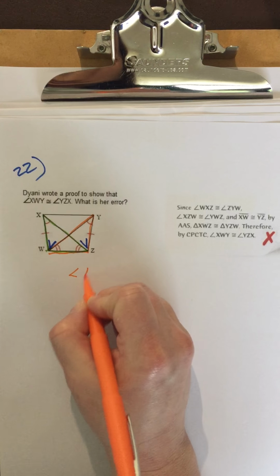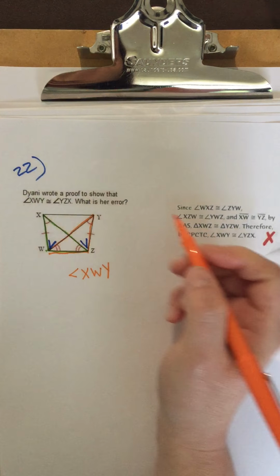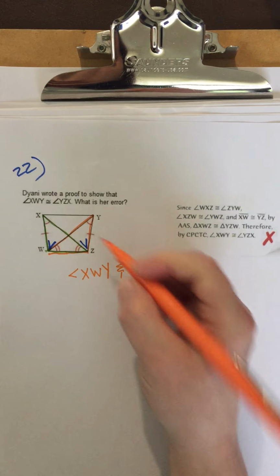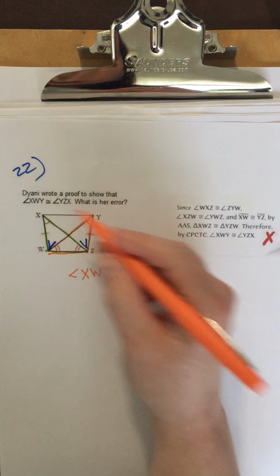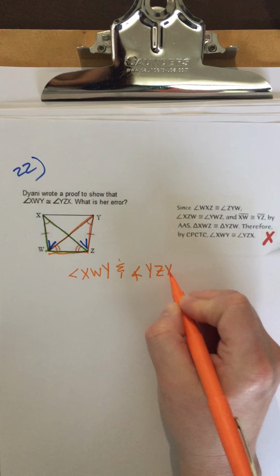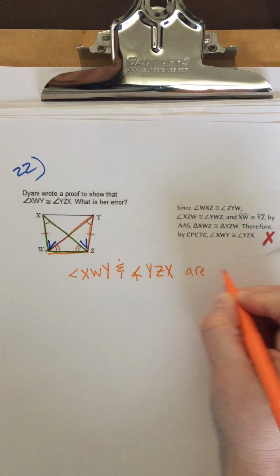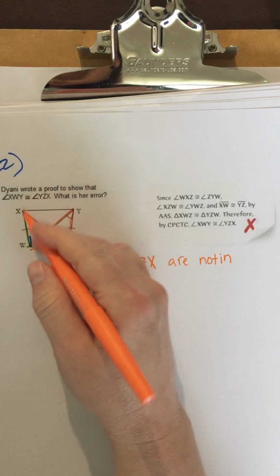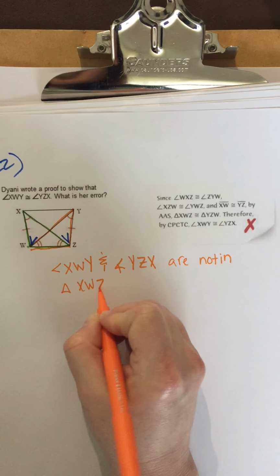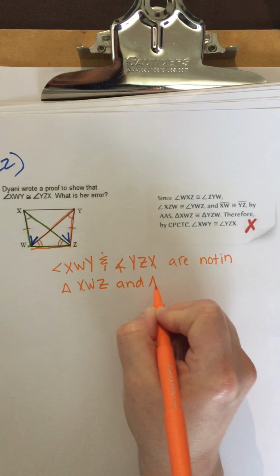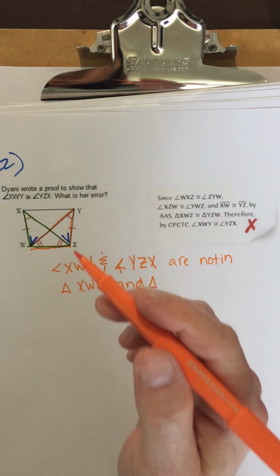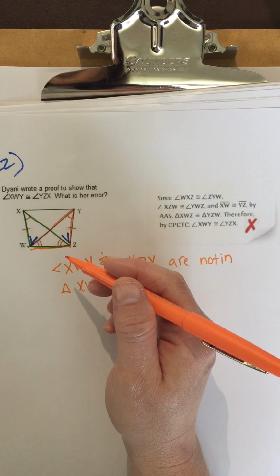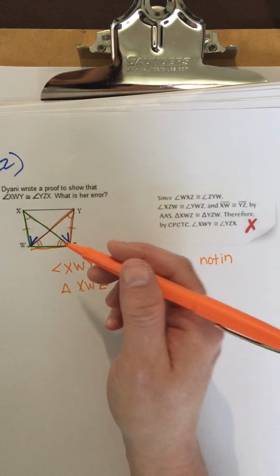So all you have to say is angle XWY and angle YZX are not in those triangles, are not in triangle XWZ and triangle YZW.